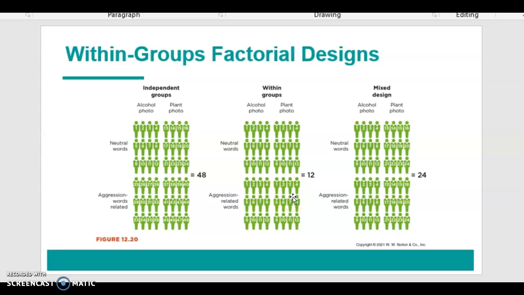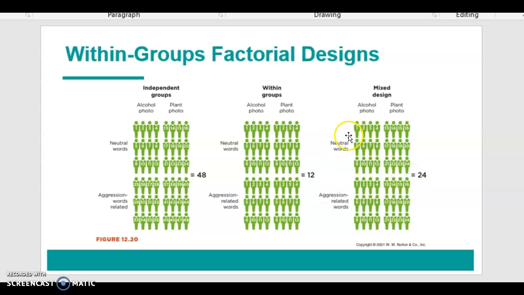And we are seeing how fast their reaction time is based on how they tested first here, then the same group, how they tested here, third time, and fourth time, right? So our great big con is that testing fatigue. Great big pro is we need a much smaller sample size. We only need 12.